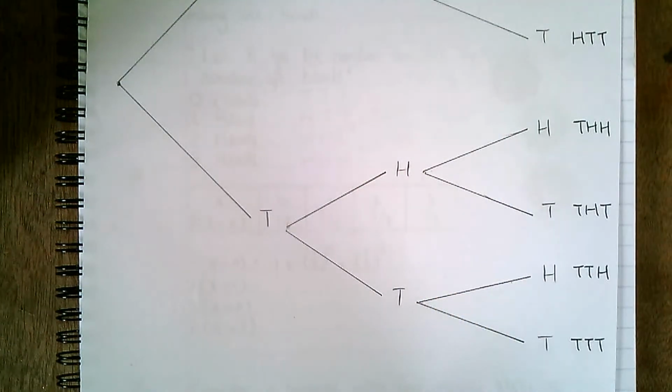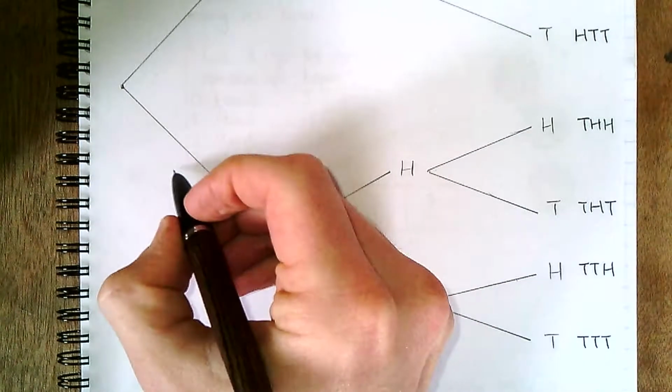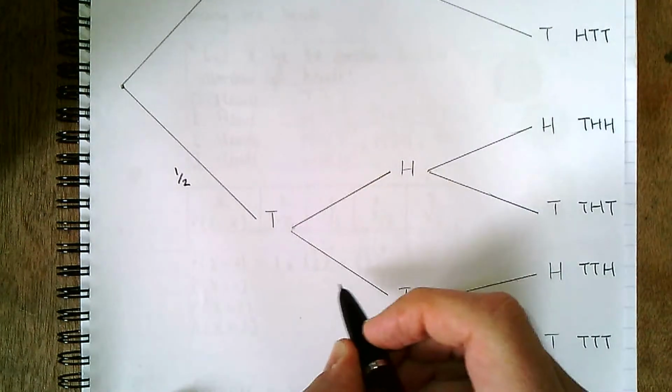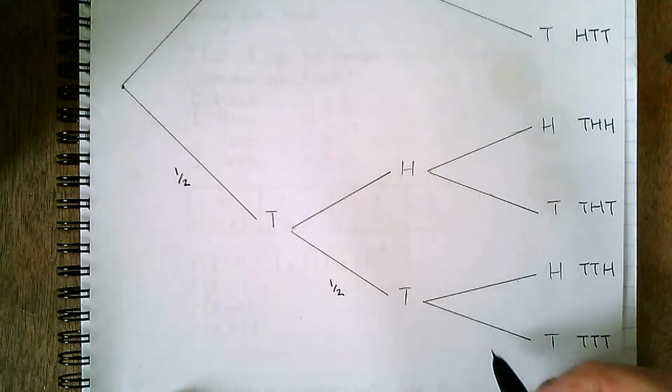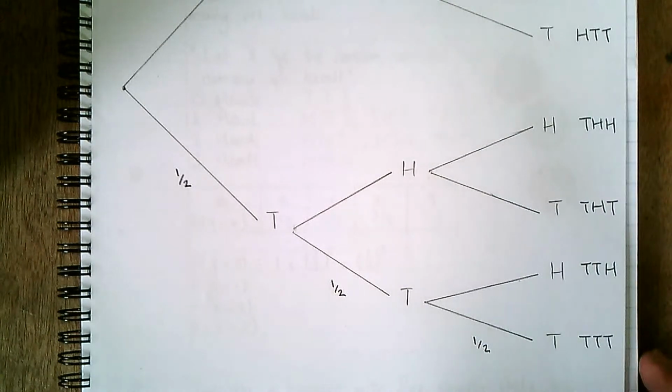When you're working with a probability tree diagram, you'll remember from GCSE that you multiply the probabilities on each of the branches. The probability of getting a tail is a half, a half, a half. So a half multiplied by a half multiplied by a half. That's a half cubed, which is exactly what we've got numerically.